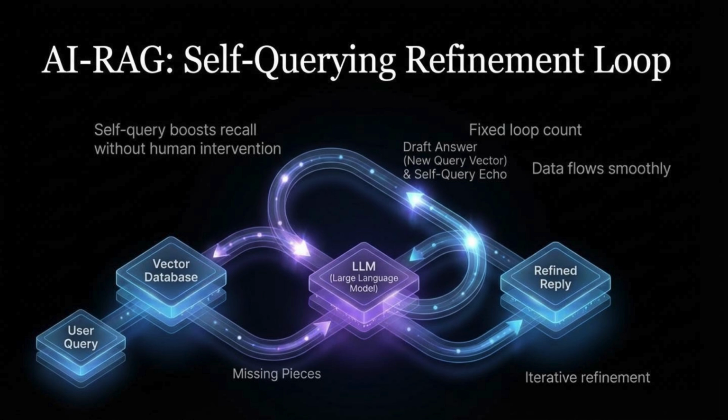So this creates a refinement loop where each loop helps the model to improve recall, retrieve missing context, and refine the final answer. Most importantly, this loop is bounded. So there is a fixed number of iterations, so latency and cost stay predictable.